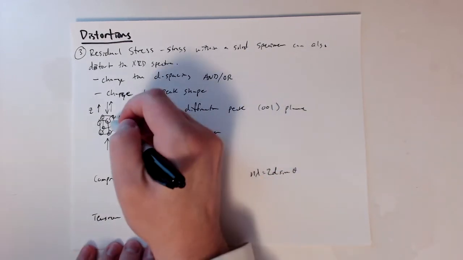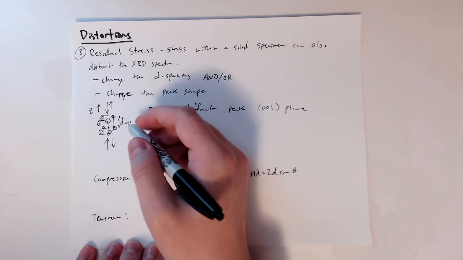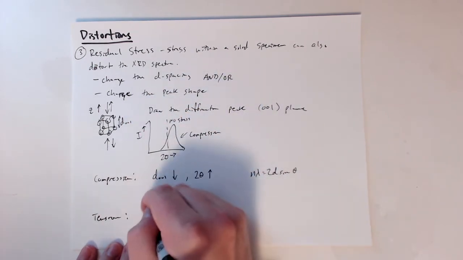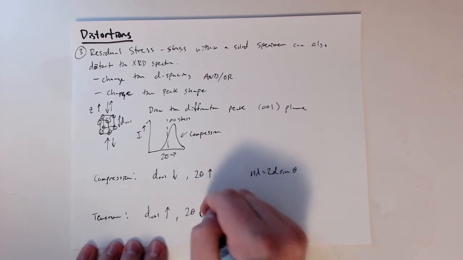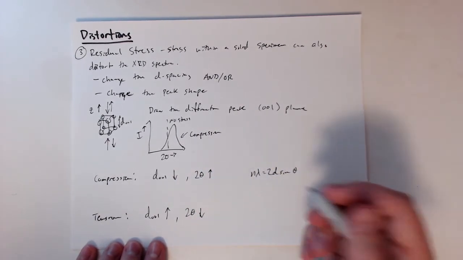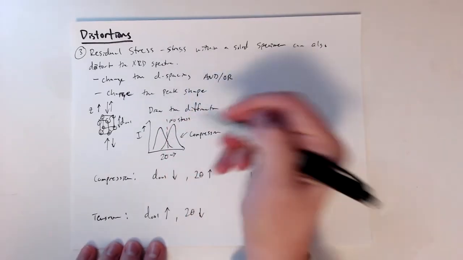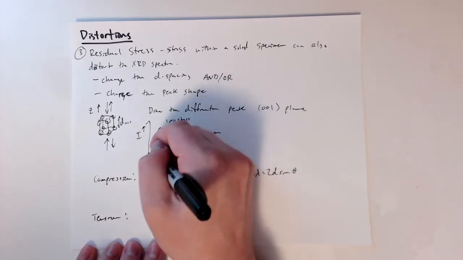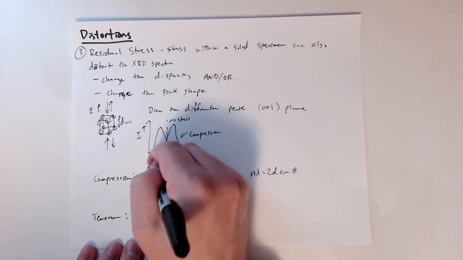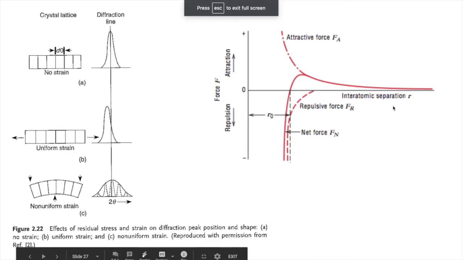Tension is going to be the opposite, right? If we apply tension, we're basically pulling the atoms apart, and so the D-spacing is going to get larger, and the 2 theta value is going to go in the opposite direction by that same logic, so our peak would be shifted to the left to lower 2 theta values. So this would be tension. All right, this is basically showing the same thing that we just talked about.